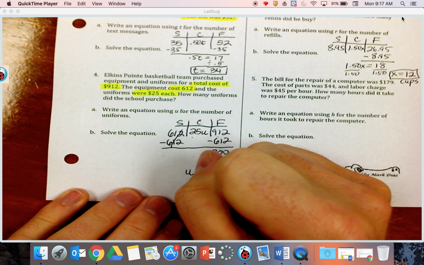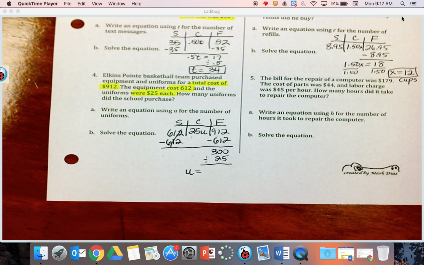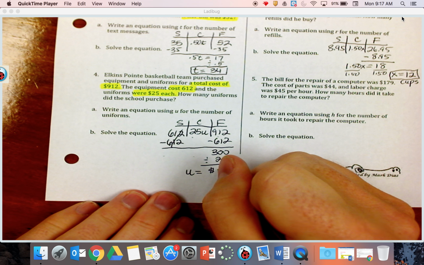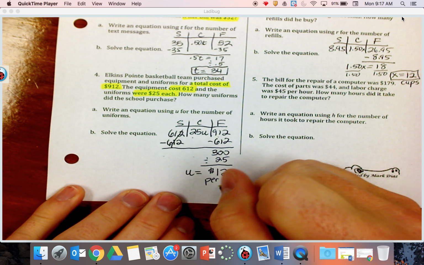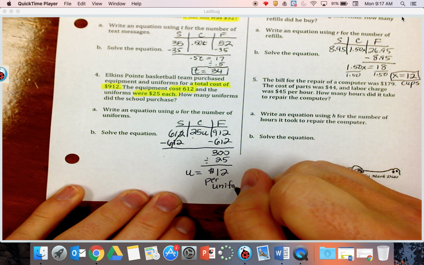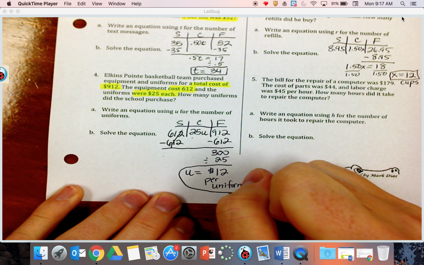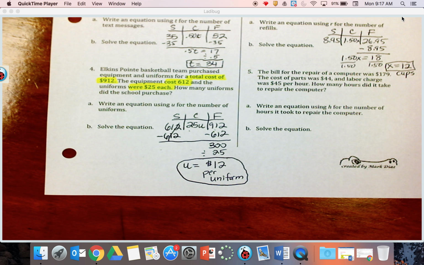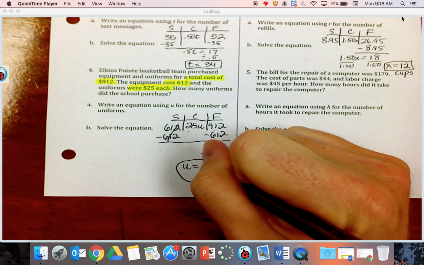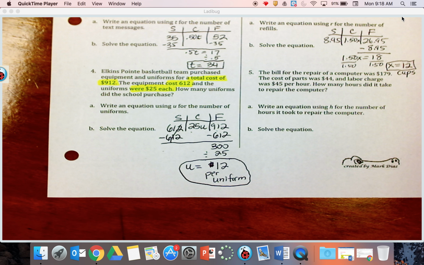And I found out that the number of uniforms is 12. I bought 12 uniforms in this case.